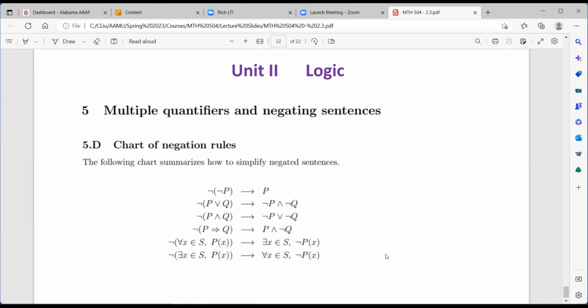So these are the summarized results we talked about. So this is the end of this section, and that's the end of the whole unit 2. So we finished the 2 units.